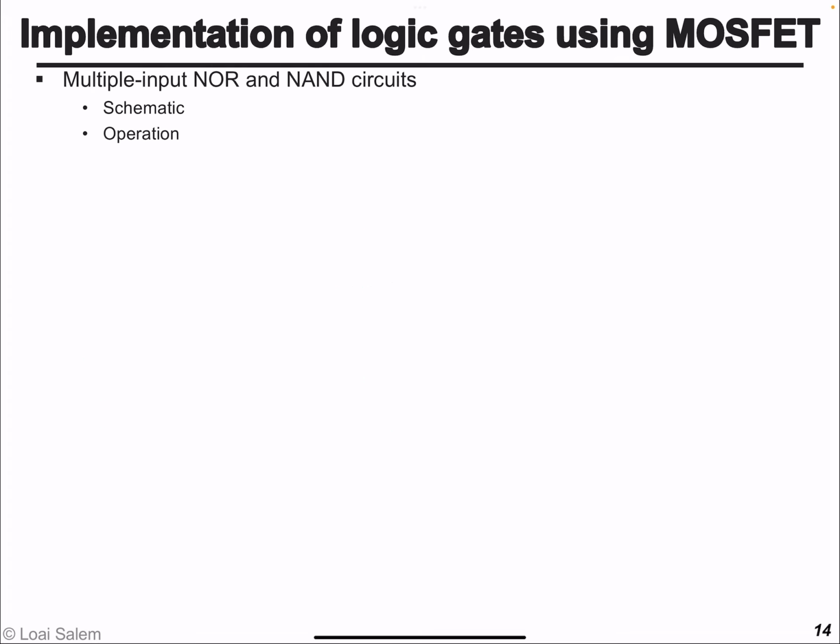Now for the NOR function, we said the NOR is a complement of the OR, and the OR function always produces 1, and the only time it produces 0 is when both inputs are 0.